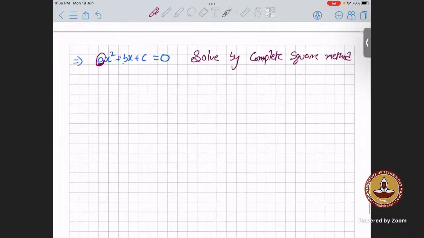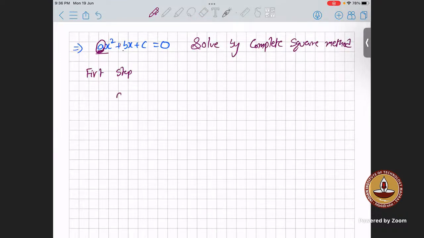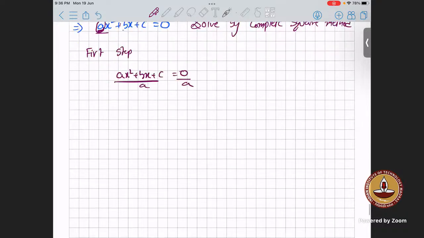Look, first step, remove this a, because this creates some ruckus. I'm removing this a: ax square plus bx plus c equal to 0, divided by a on both sides. So x square plus b by a x plus c by a equal to 0. Agree?